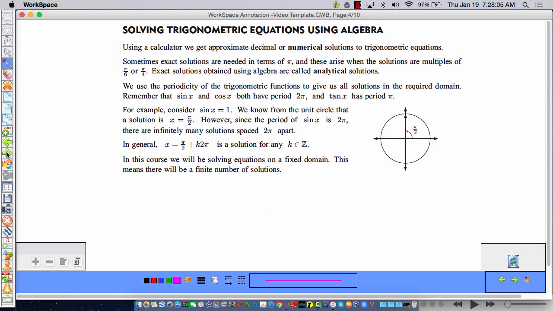In solving trigonometric equations using algebra, let's take a look at sine x equals 1. That's a very simple equation. We know that sine is equal to 1 at pi over 2.